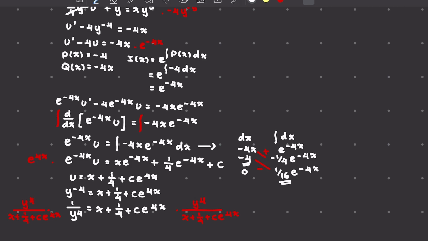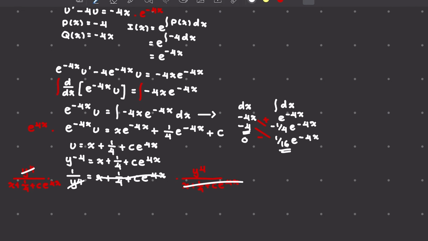And so this will cross out the y to the power of 4, and this will cross out the whole thing here and the whole thing here, and this will give us y to the 4th equals 1 over x plus 1 over 4 plus c e to the 4x.